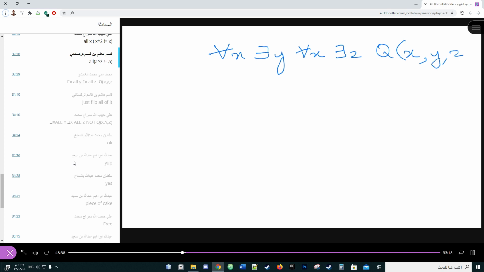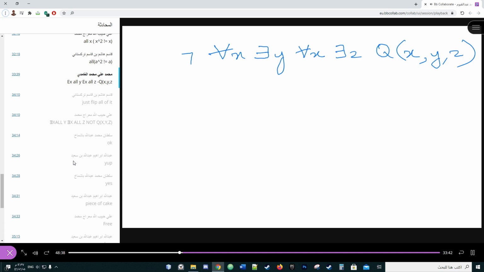I give you a big expression like this and say negate this expression. So how do you do it? An expression like this is guaranteed in the exam, similar to this. So how do you do this?